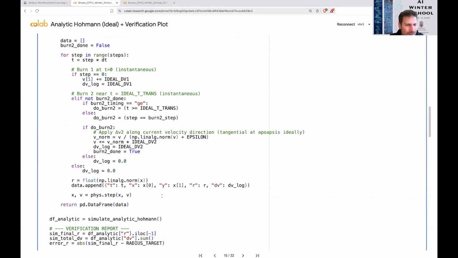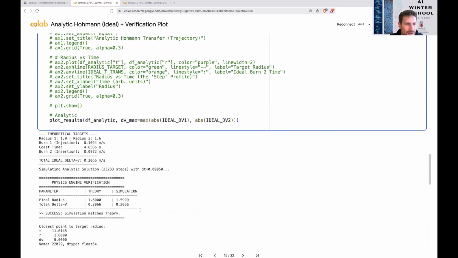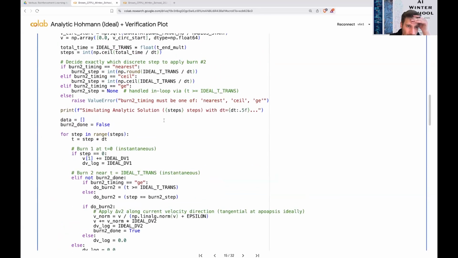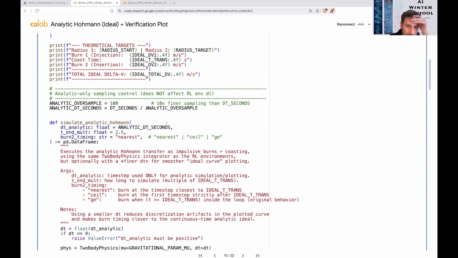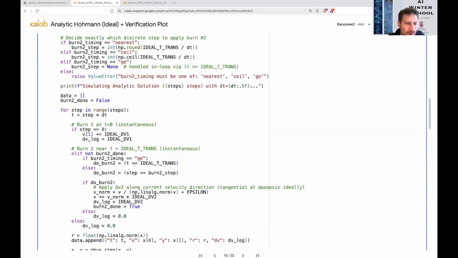It also has some code to spit out the reports. The only other thing to mention here is that I deliberately oversample a lot. We don't take a lot of samples in our RL because it would take forever to run for the purpose of this demo. But in the analytical solution, we want it to be very smooth, so we oversample by a factor of 100 here.